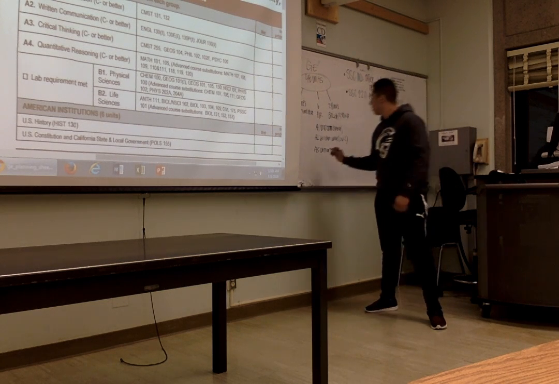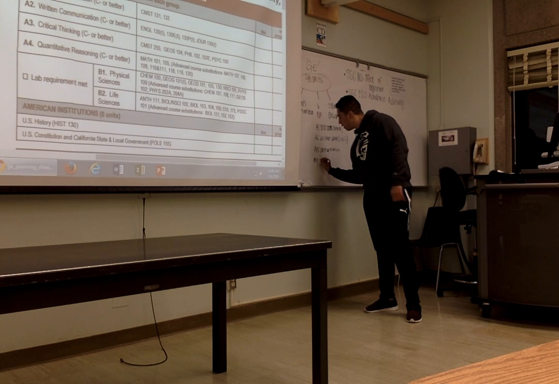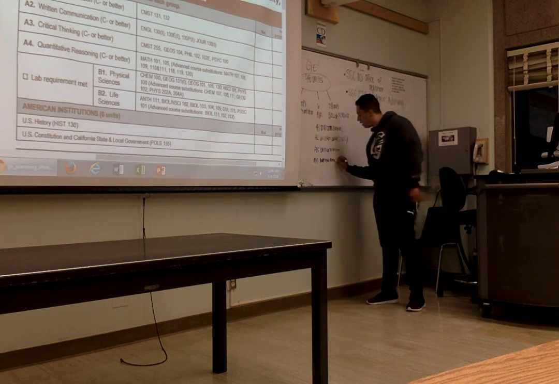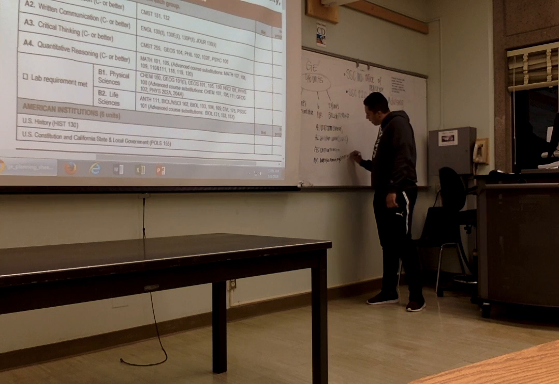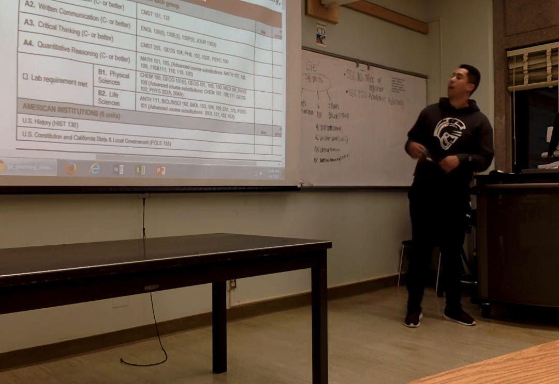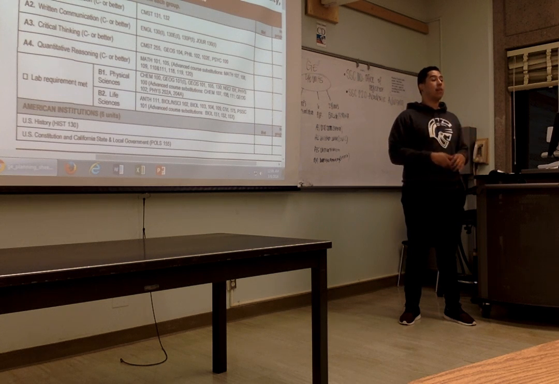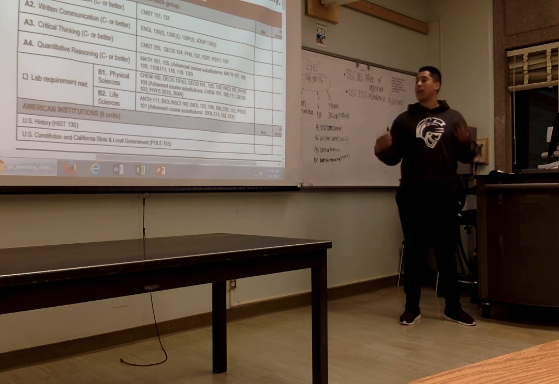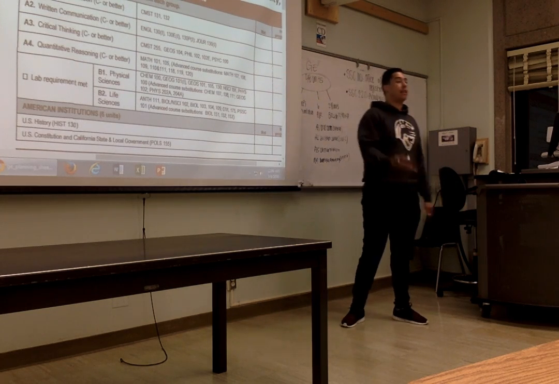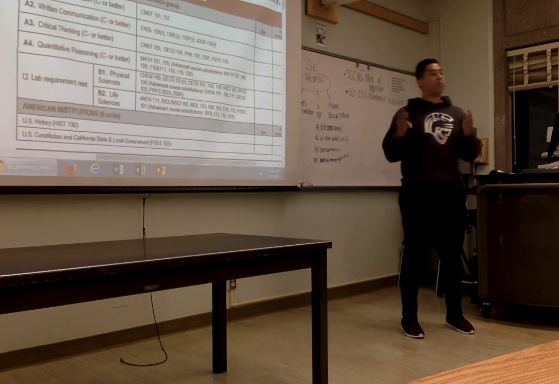Quantitative reasoning is your A4. And that is another fancy word for math. Again, these are your ELM scores. They're going to tell you if you need to take another course besides these ones listed. And that's you. Don't raise your hand. You know it's on your paper.